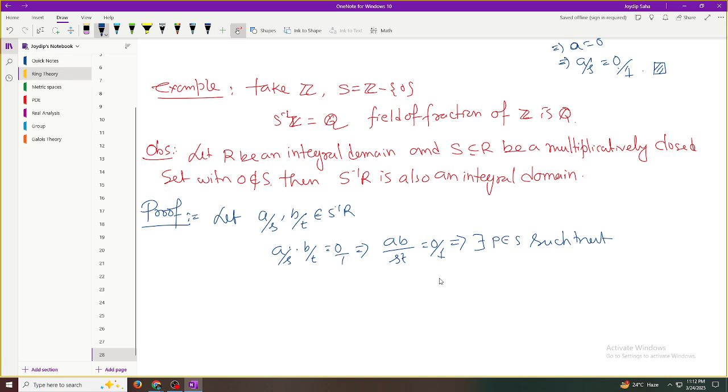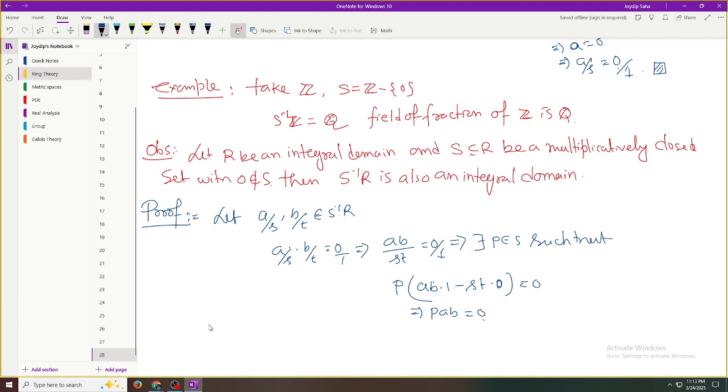This implies there exists p belongs to S such that (ab dot 1 minus st into 0) into p equals 0. This implies pab equals 0.